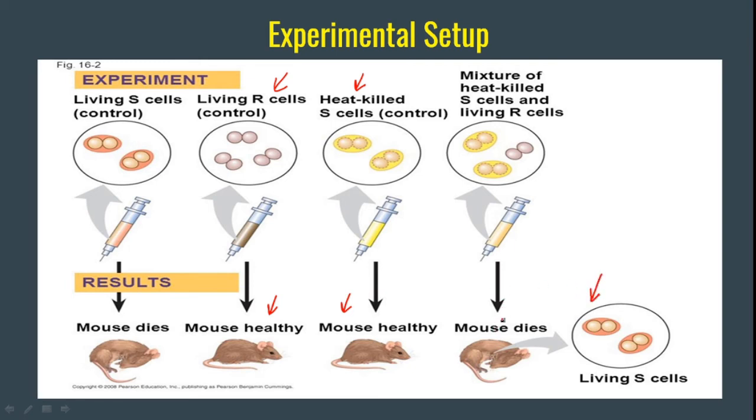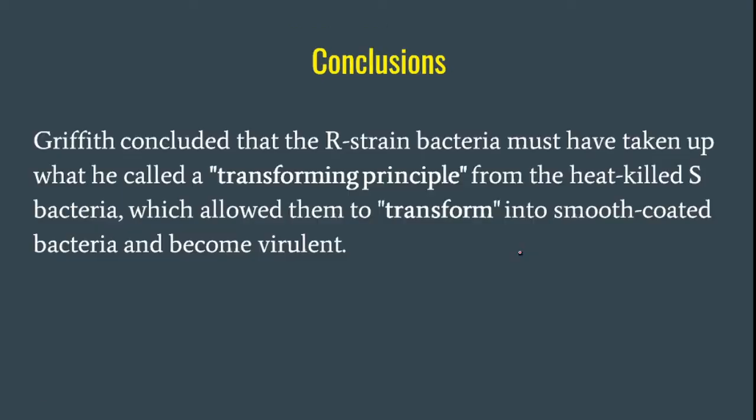So what can be concluded from this experiment? Griffith concluded that the R strain of bacteria must have taken up what he called a transforming principle from the heat-killed S bacteria, which allowed them to transform into S strain bacteria and become virulent.